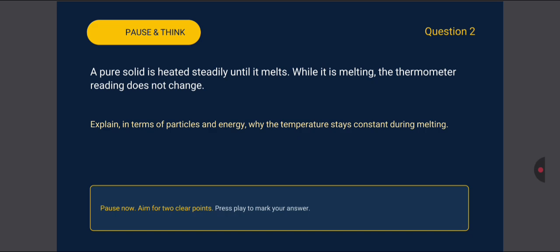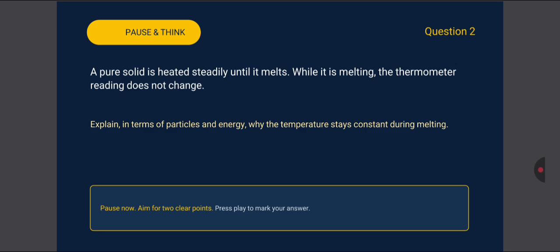Explain in terms of particles and energy why the temperature stays constant during melting. So you have to pause now, aim for 2 clear points, press play to mark your answer. The answers will be provided for you in the next session or probably tomorrow, because this presentation doesn't have the answers at the moment, but I will get to provide you the answers.